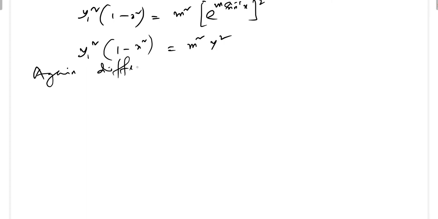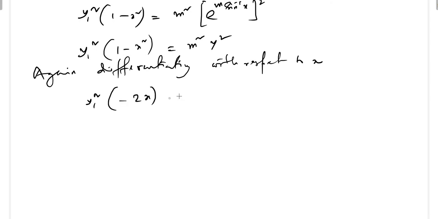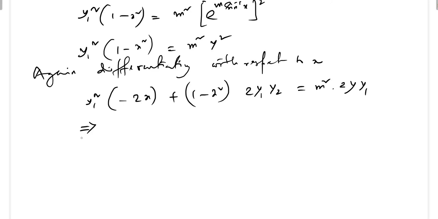differentiating with respect to x, what you get: y1 square into minus 2x plus 1 minus x square into 2y1 y2 equal to m square into 2y y1. So divided by 2, what do you get?